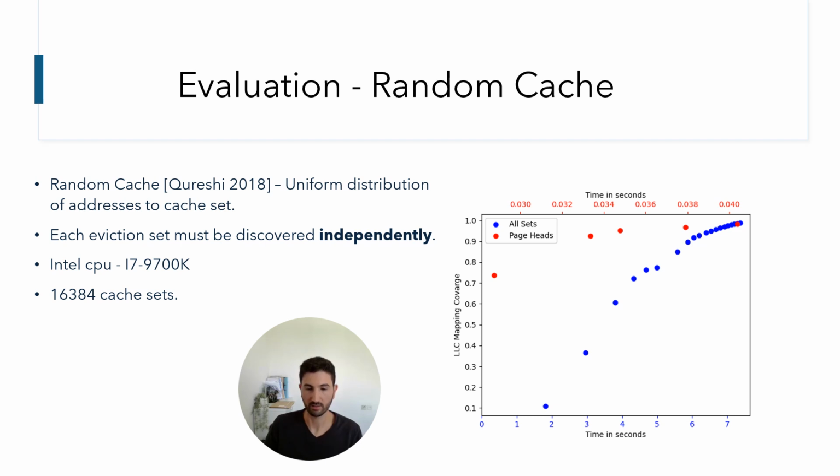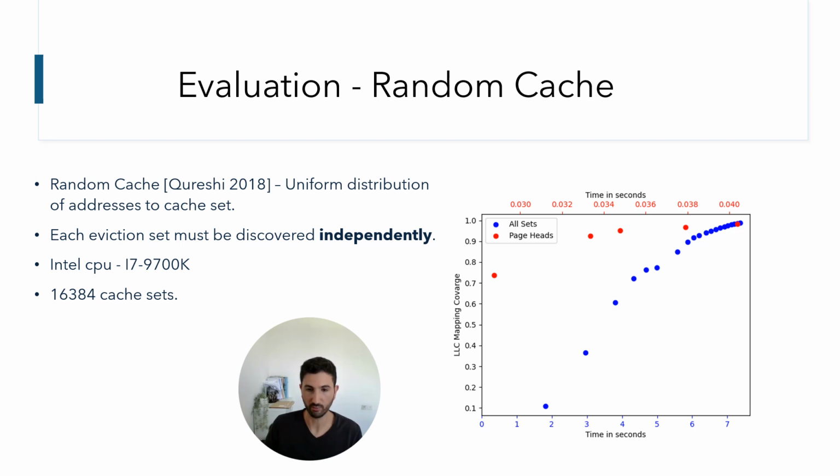The red dots describe the process of finding page-head eviction sets. As we can see, after 5 PlumTrees and 40 milliseconds, the algorithm succeeded to map almost 100% of the eviction sets. The blue dots describe the process of finding all eviction sets independently.